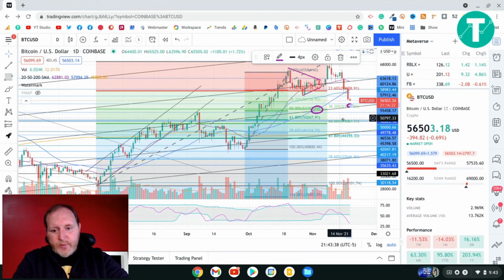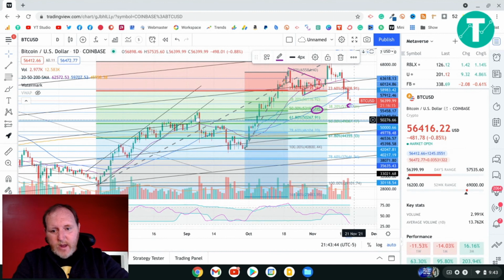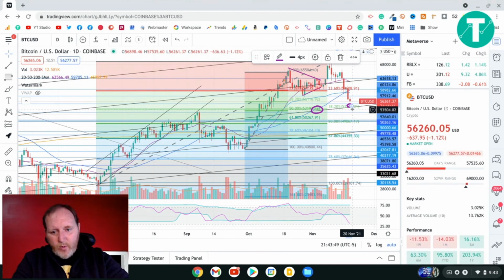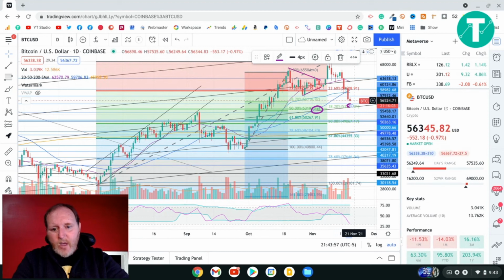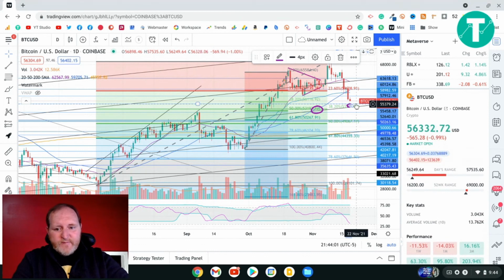So those are your three most important support areas as Bitcoin is continuing to come down. It wouldn't surprise me at all if on one of those lines, especially the 54,500 line, Bitcoin either bounces off that or starts to consolidate and stops the slide.